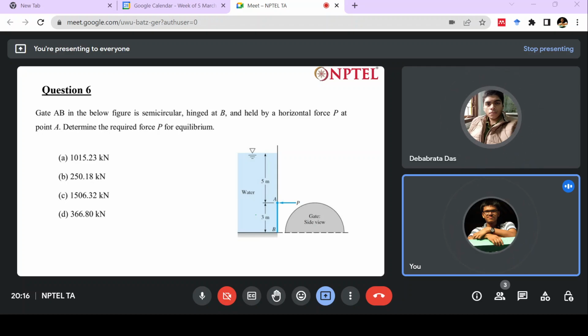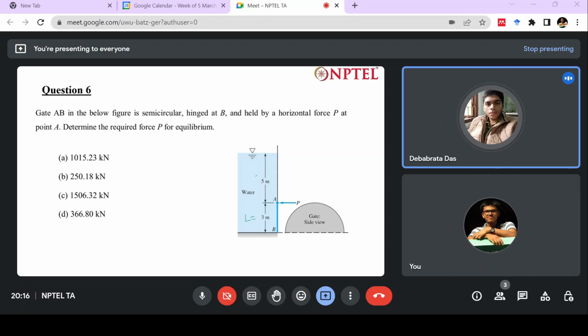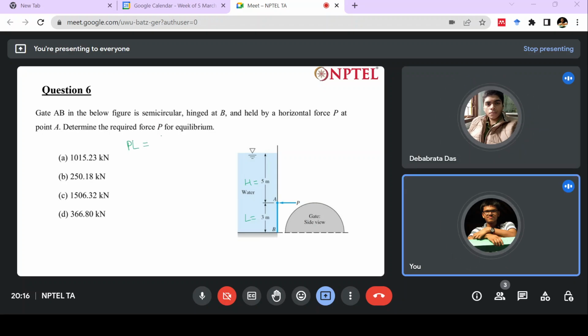Let this be 3 centimeter. Let me call this L, and let me call this H. So P into L will be equal to your torque due to the pressure.